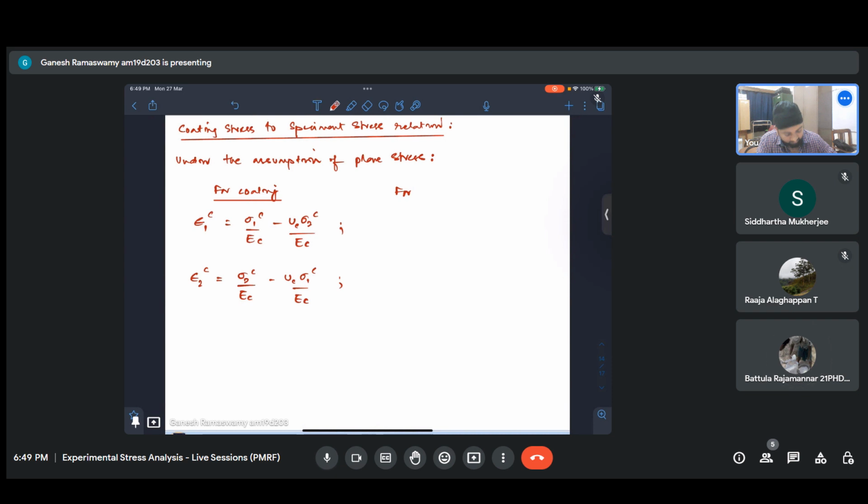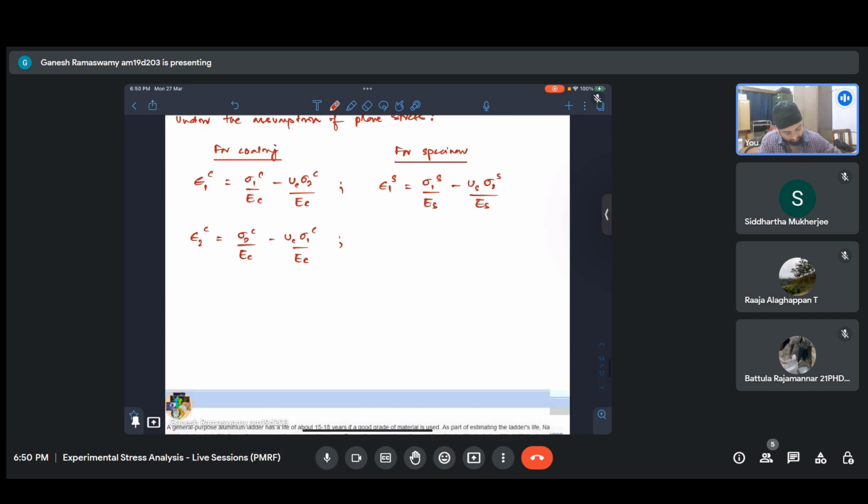Okay, so for the specimen, we have epsilon 1s as sigma 1s by Es minus mu s sigma 2s by Es.